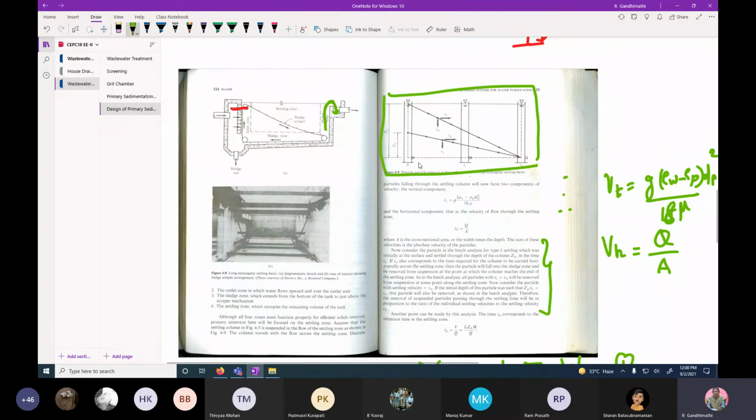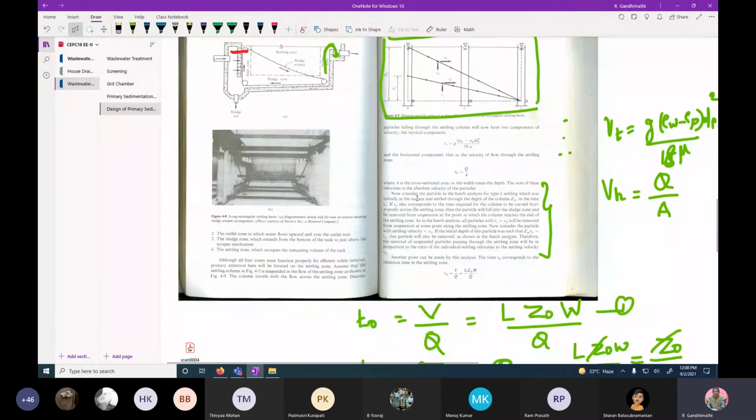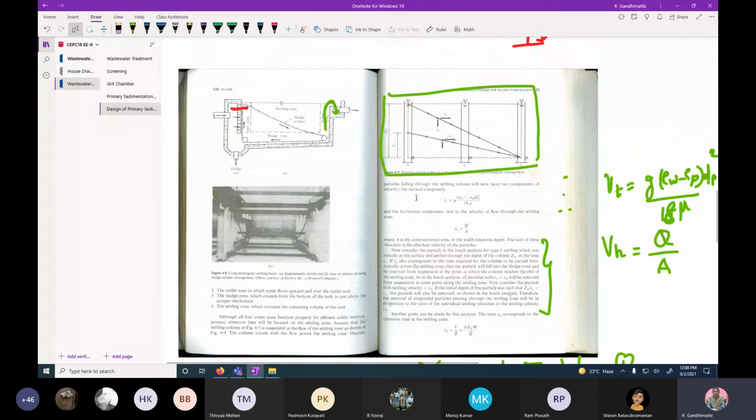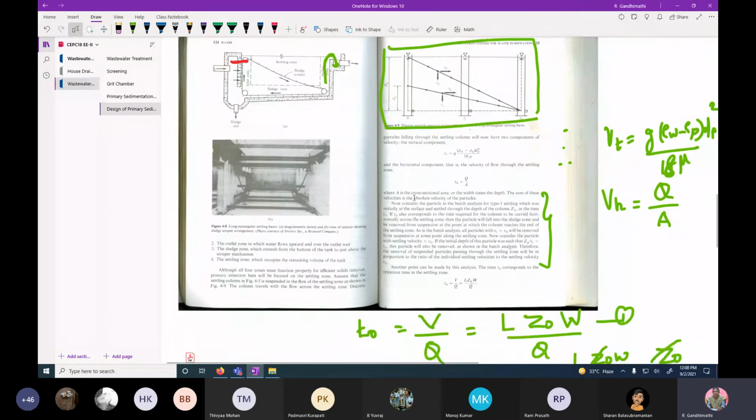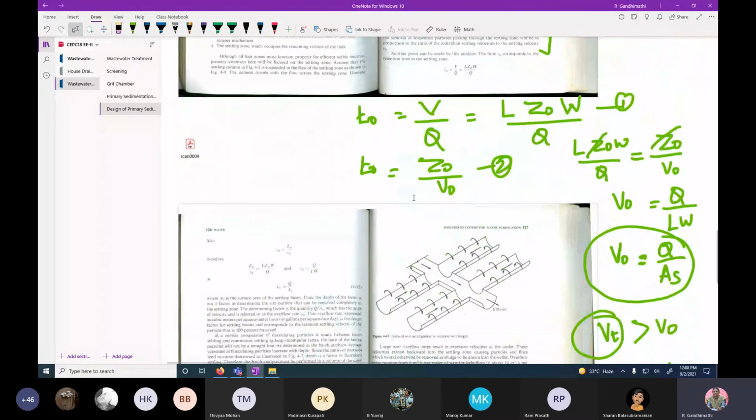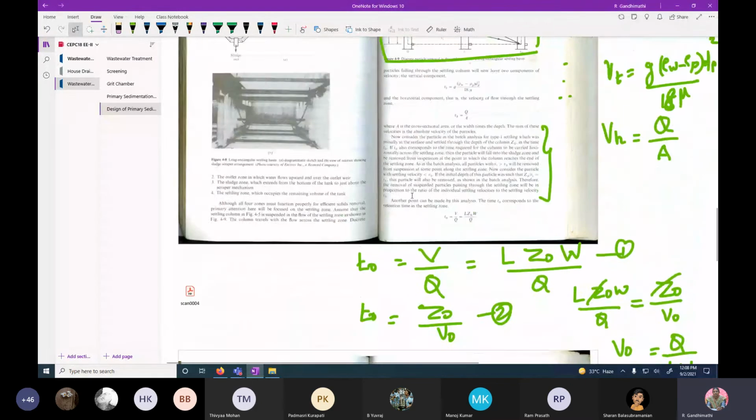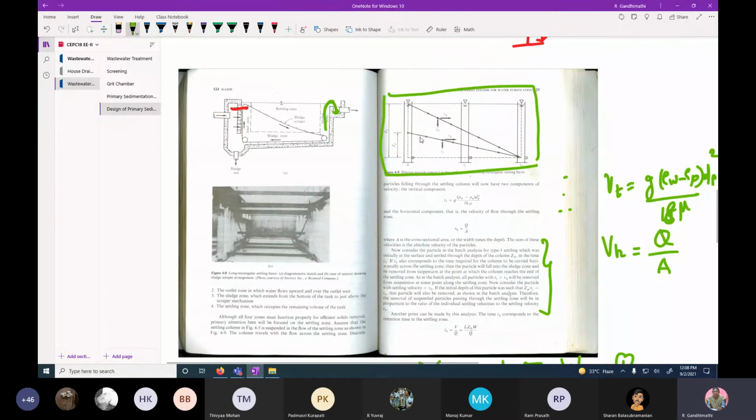Particles with velocity greater than V0 will reach the bottom of the settling zone, no doubt at all. Particles having velocity less than V0 are also removed. That's why they have shown this path. You can see this path, that means it is reaching the bottom of your sedimentation settling zone.